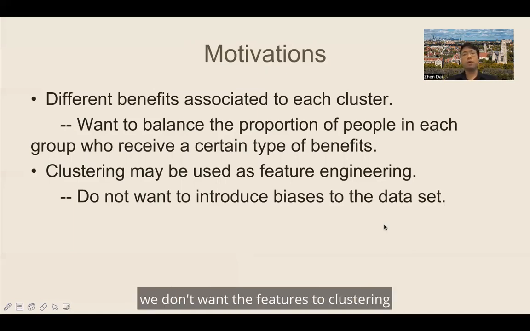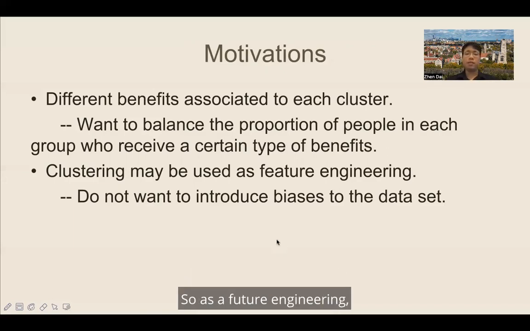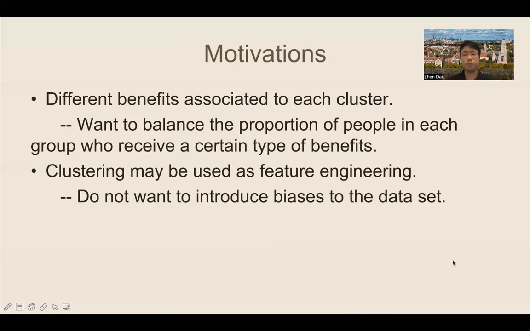Also, in this case, we don't want the clusters to only contain male or only contain female, which would make the feature rather biased. So as a feature engineering step, we also want to produce fair clusters as a new feature.